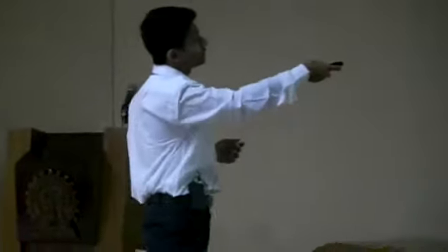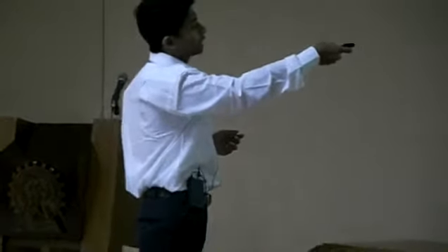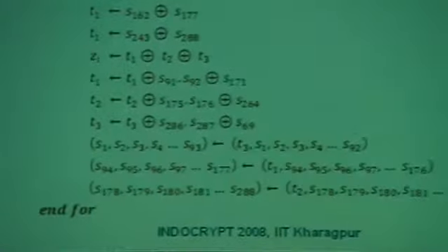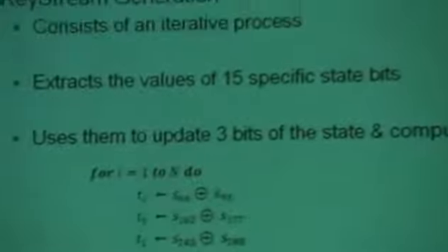In the first 3 steps, the key and the IV are assigned to these 288-bit states, and the fixed points in the algorithm also get assigned. Then this function is iterated 4 cross 288 times to complete the key setup phase. Next is the key stream generation. 15 specific state bits are used to non-linearly update 3 specific state bits, and everything else is a shift.